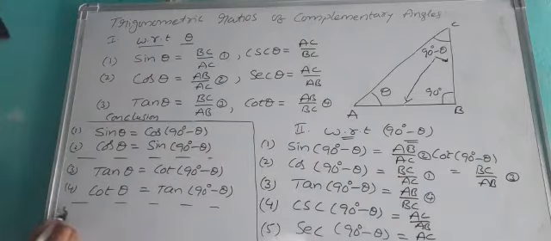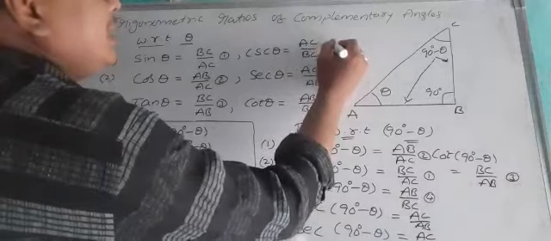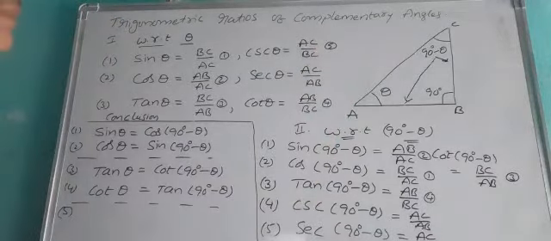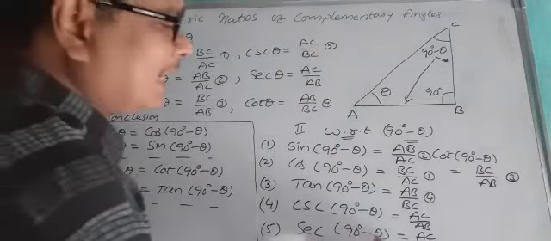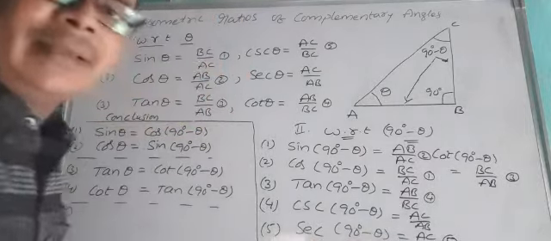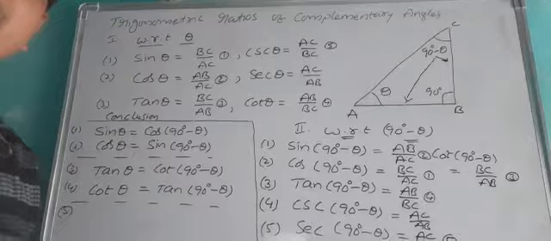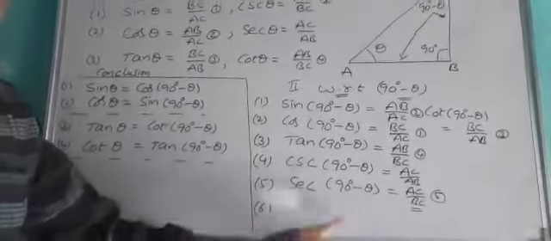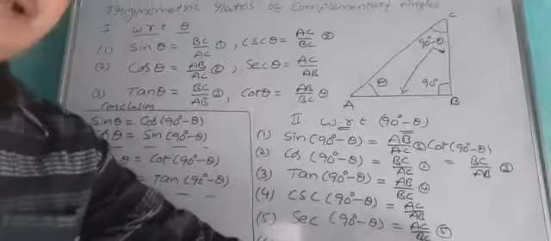Next one, fifth one. Cosecant theta equals AC by BC, and secant 90 minus theta is also AC by BC. Both are the same. That means cosecant theta equals secant 90 minus theta.